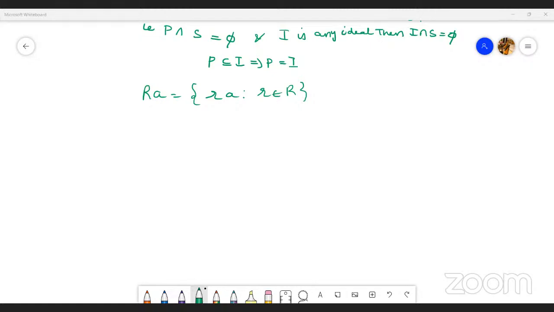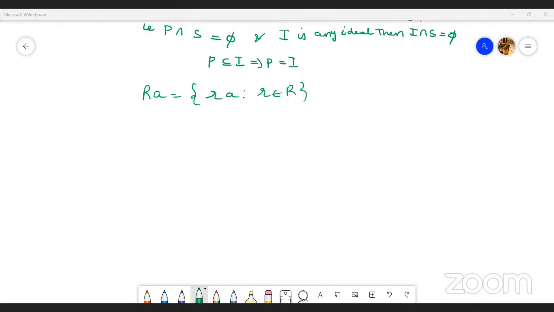A set B is said to be a chain if for any A, B in B, either A is contained in B or B is contained in A. That means any two elements are comparable, one is contained in the other. Then we say it is a chain.